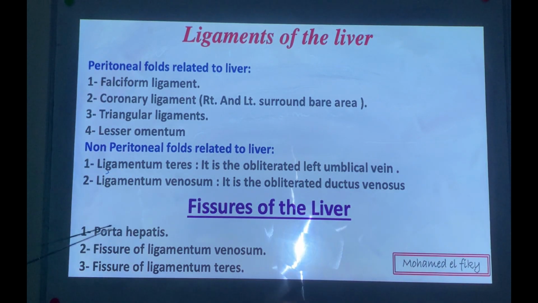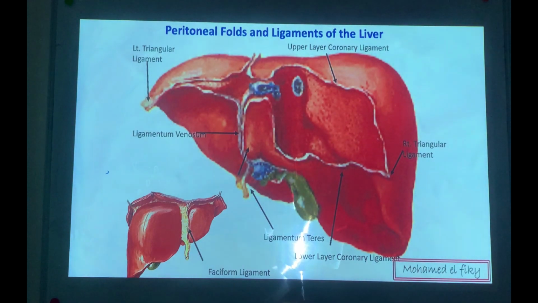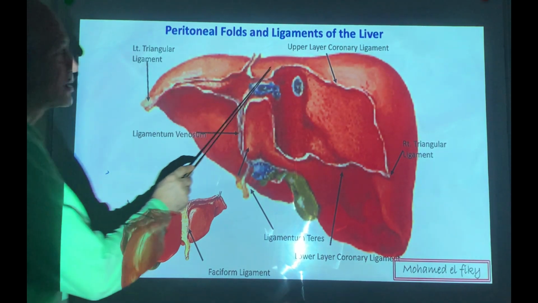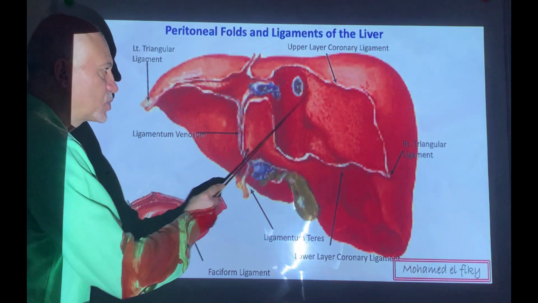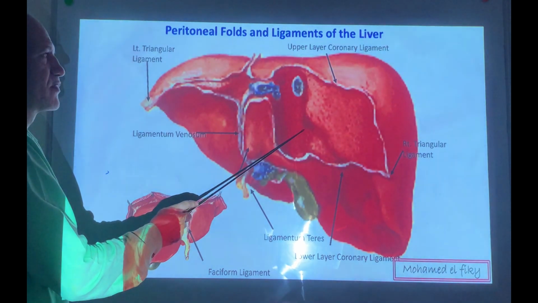Fissures of the liver. The porta hepatis is a fissure, which is the hilum of the liver. Then the fissure for ligamentum venosum and the fissure for ligamentum teres. In this diagram, this is the falciform ligament between the right lobe and left lobe. This is the bare area, not covered by the peritoneum, related to the diaphragm.